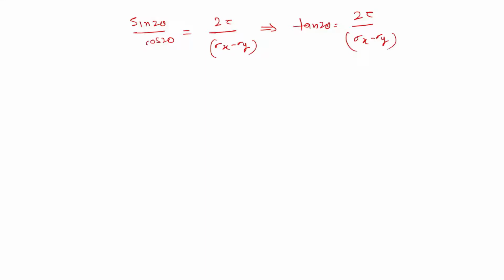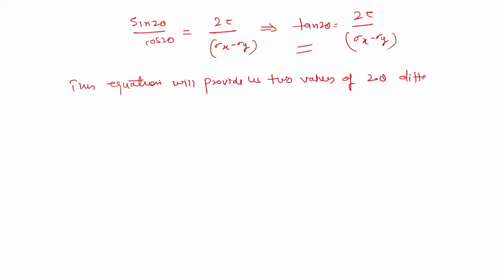This equation will provide us two values of 2 theta differing by 180 degree, or we can say two values of theta differing by 90 degree.